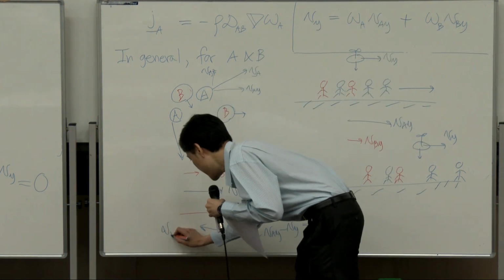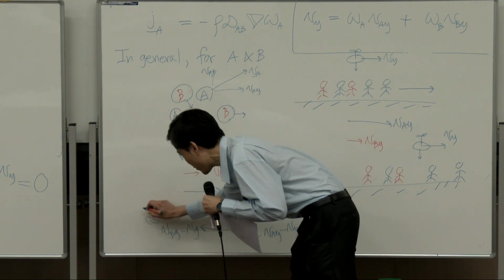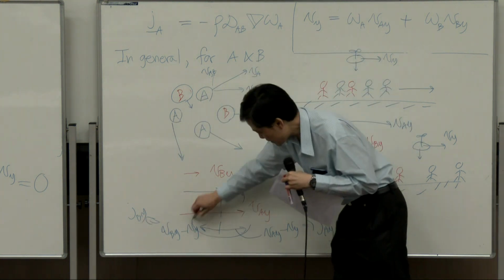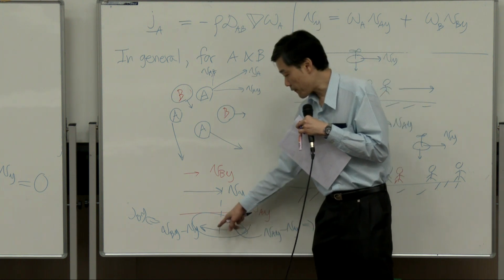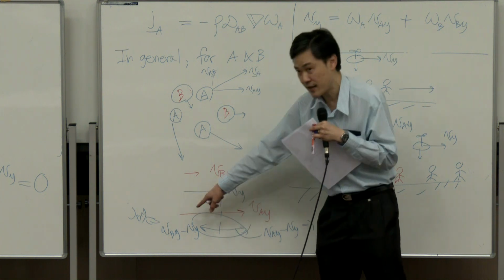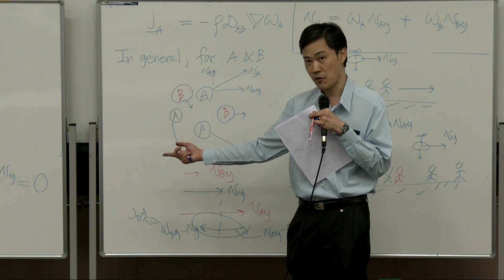This is VBY subtracted by VY, which corresponds to the direction of JBY. According to this picture, the flux of A is going one way, while the flux of B is going the opposite way. That's why when they add together, they cancel out, become 0, and it is always 0.